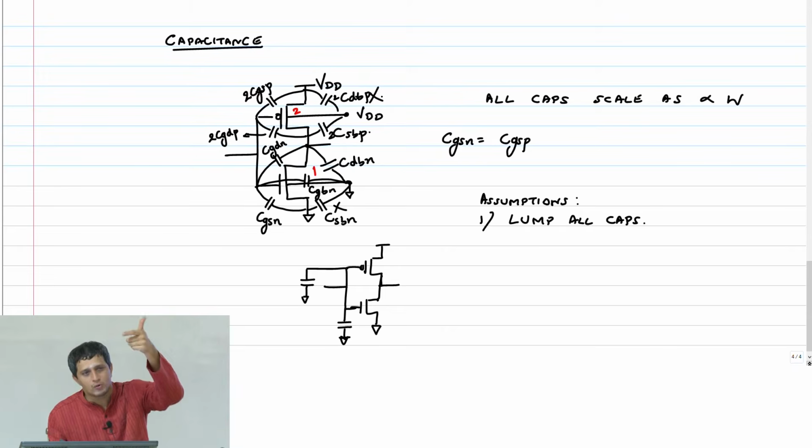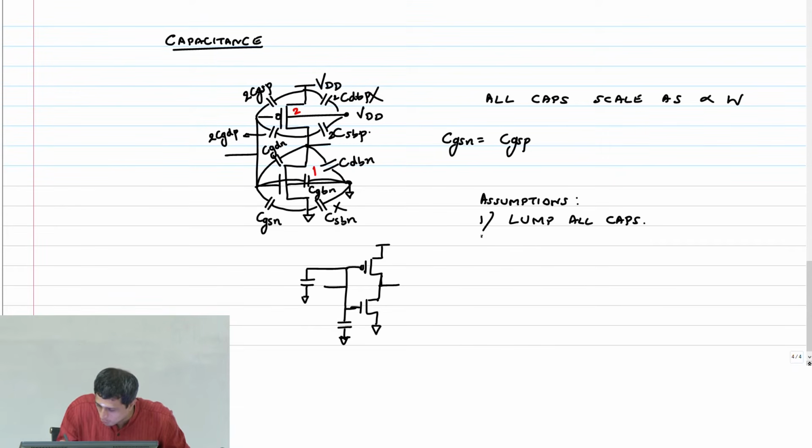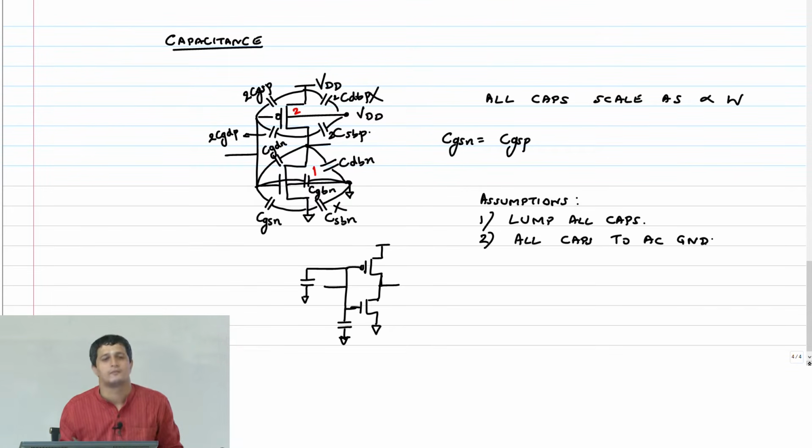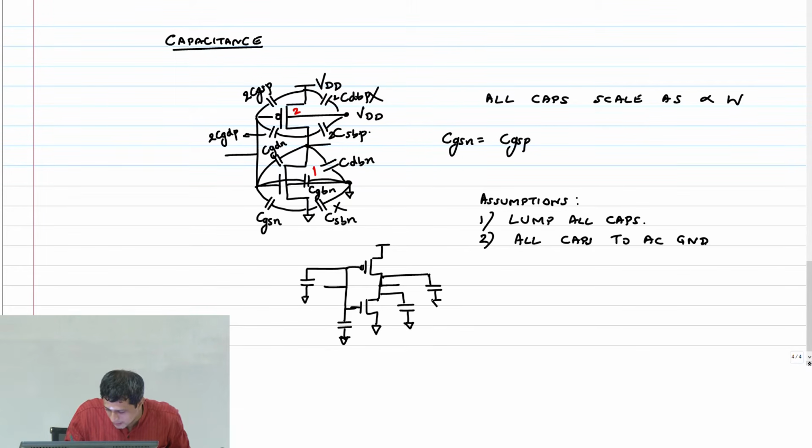So therefore, I am going to bring all the capacitances to ground, all caps to AC ground. So my NMOS transistor now has one capacitance. Similarly, the PMOS transistor has another capacitance.